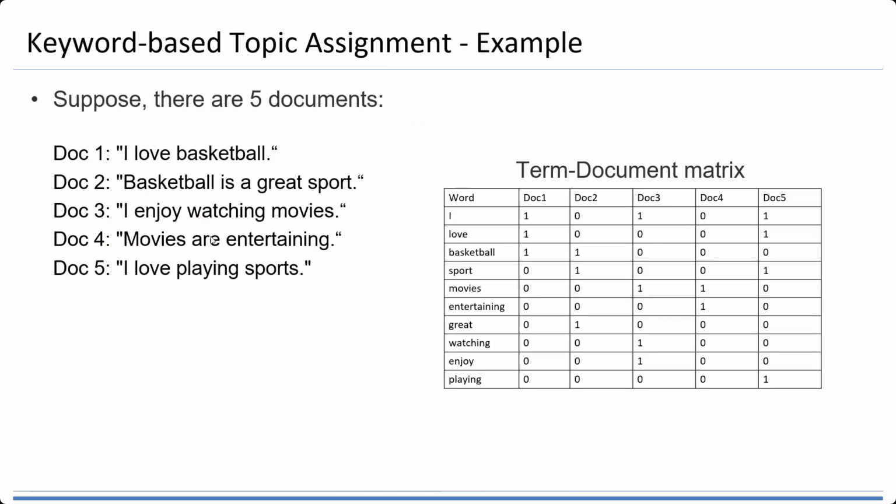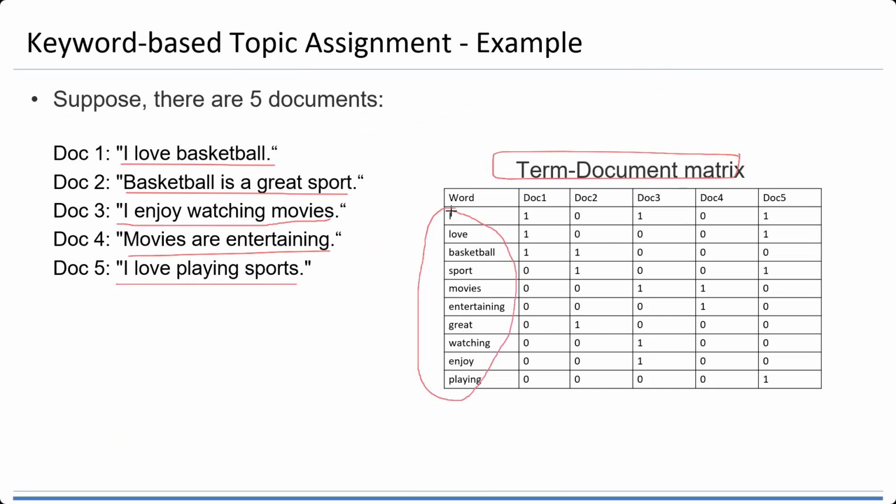In this example, let's suppose there are 5 documents. Document 1: I love basketball. Basketball is a great sport. I enjoy watching movies. Movies are entertaining. I love playing sports. Now, in these 5 documents, we can create the term document matrix. What is a term document matrix?